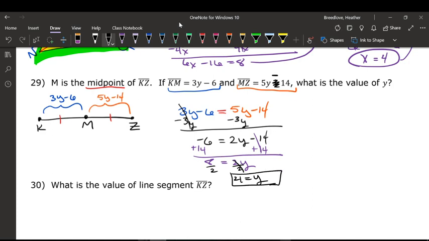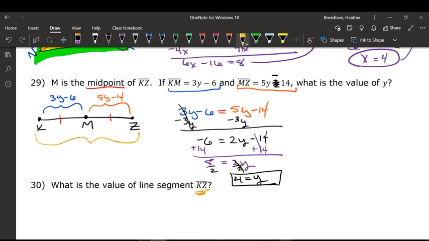And then the last part says, what is the value of line segment KZ? So that's the one from above. Oh, KZ is the entire length. If I want to know what the segment of the entire length is, from K to Z, I can solve for one of them and double it, or I could plug y is 4 into both of them.